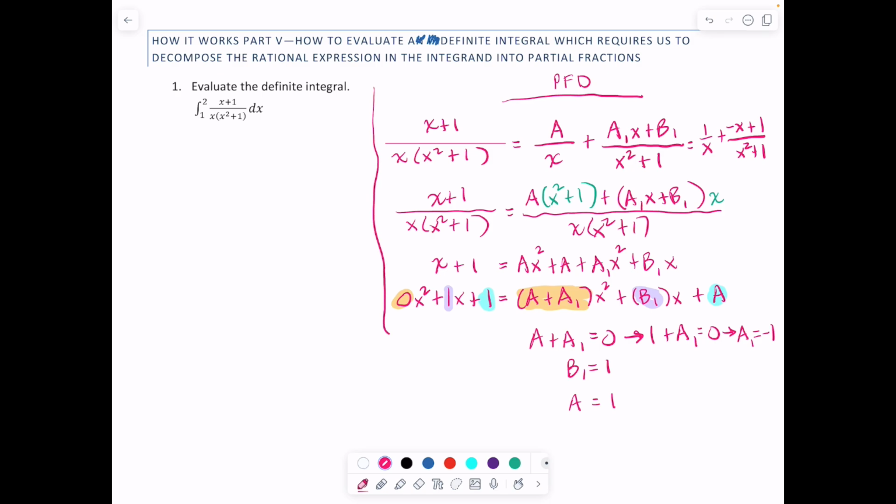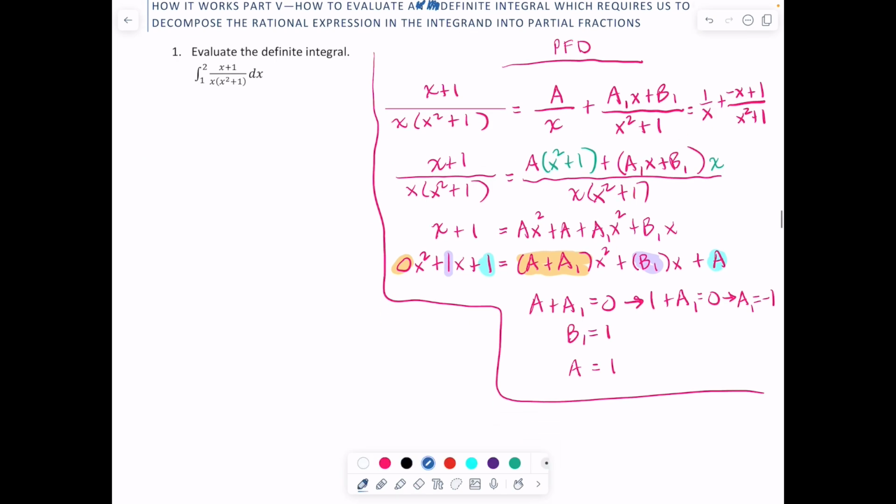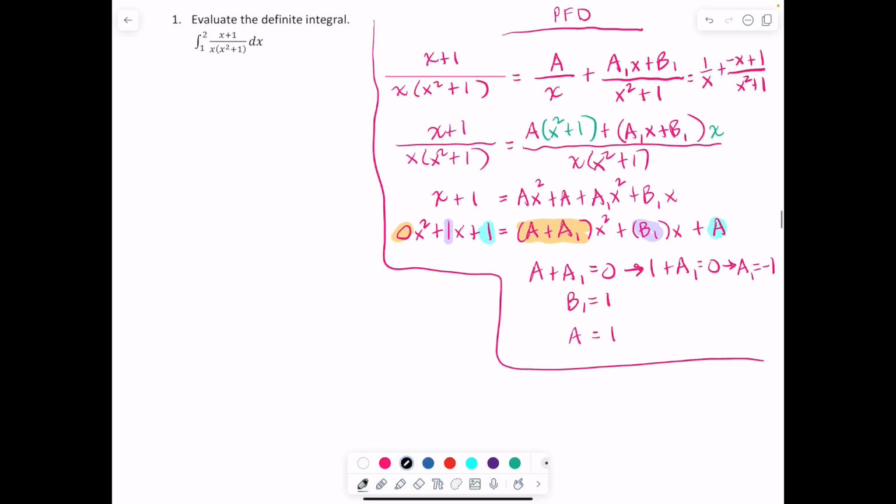And now, coming over to the integral, we will rewrite our integral. I'm going to leave a little space here. Now we'll work on the indefinite integral.